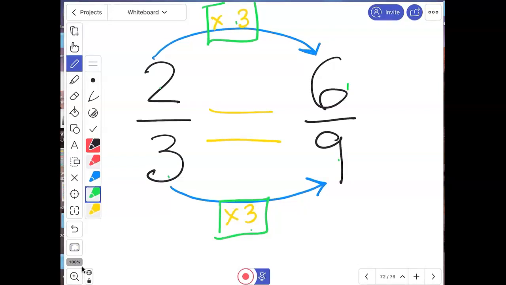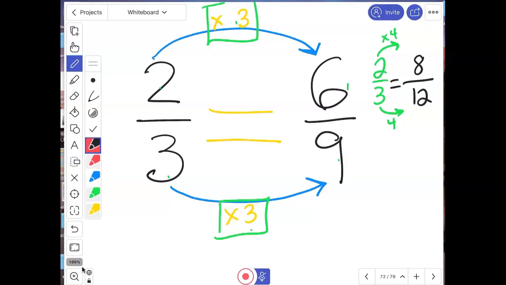Piece of cake. So if I had 2/3, for example, let's say I multiplied both the numerator and the denominator by 4. I would end up with the new fraction 8/12, because 2 times 4 is 8, 3 times 4 is 12. Those are equivalent fractions.